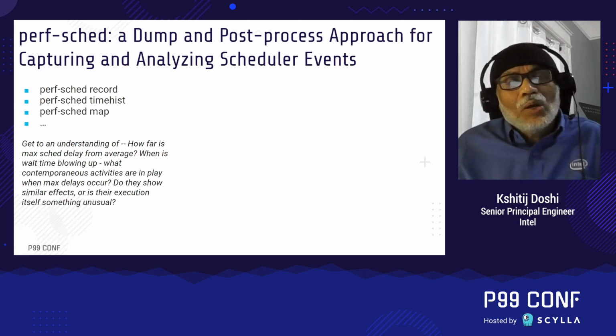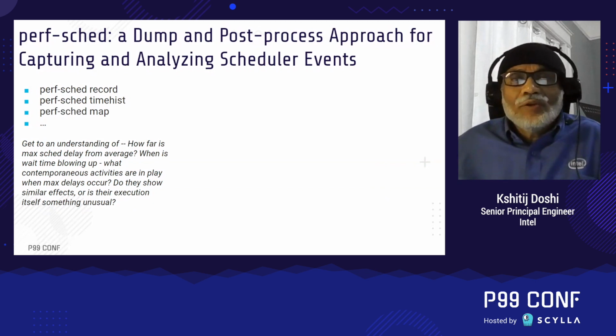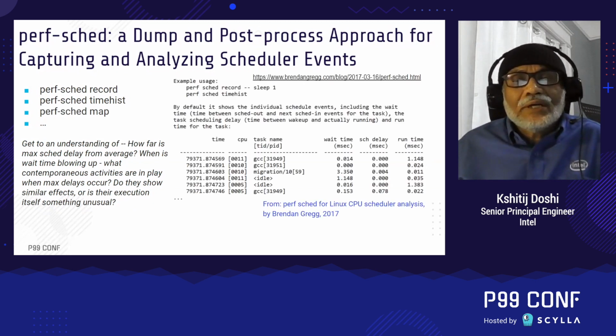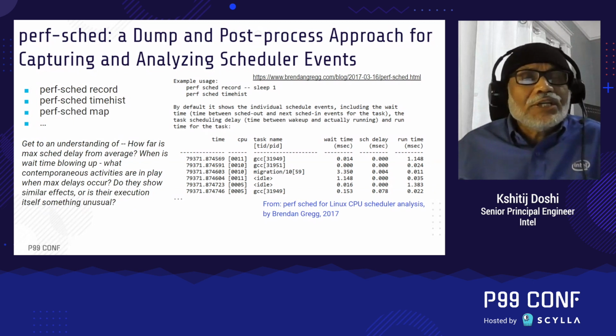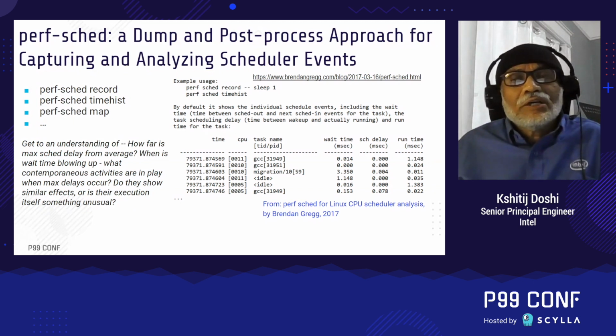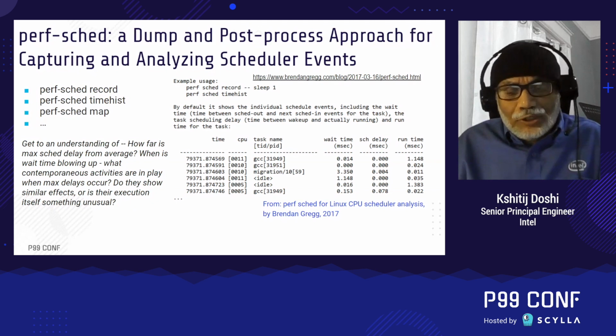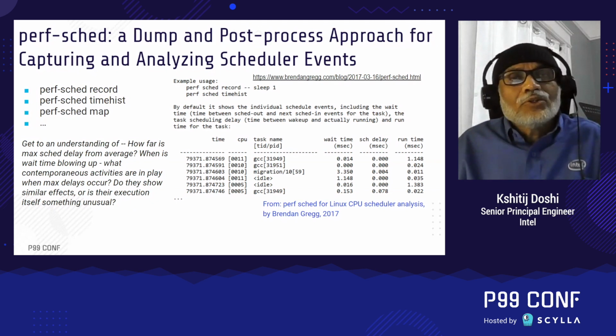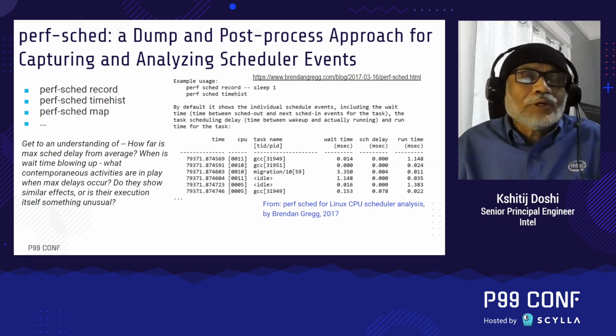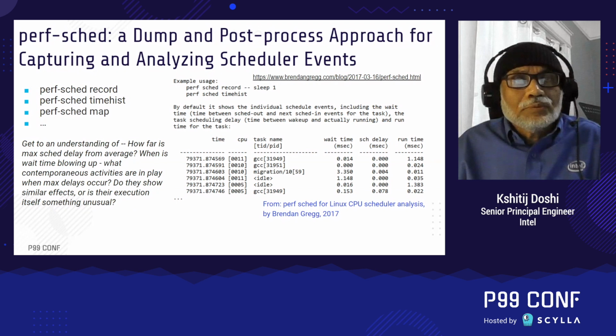With perf-sched, one can collect a trace of various scheduler events as shown on the right, and get to an understanding of how far is the scheduler delay, that is how long it took for a thread that was just woken up to be assigned a CPU. Equally, how long did it take for a thread to be woken up from the point that it went to sleep?